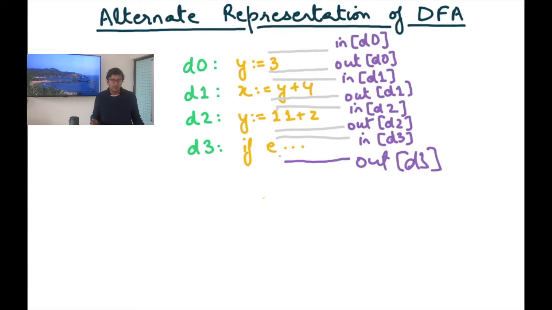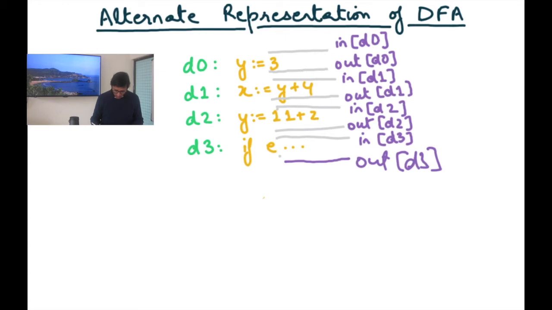In this case, we can clearly see that in[D1] will always be equal to out[D0], yet we have decided to have different names for them, and this is because this just makes the mathematical representation of our DFA easier, as we're going to see in later modules.